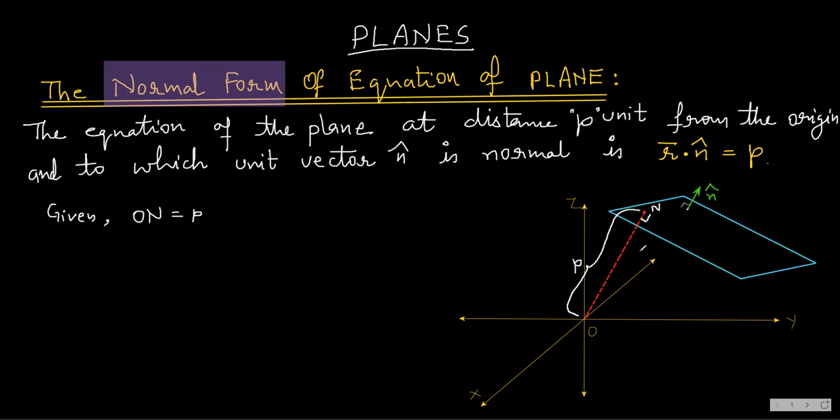I am given a plane whose perpendicular distance from the origin is equal to P. P is a number. So if I draw a perpendicular from the origin to the plane, I will get distance equals to P.